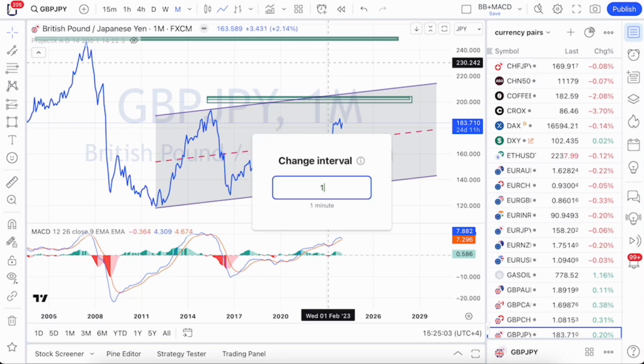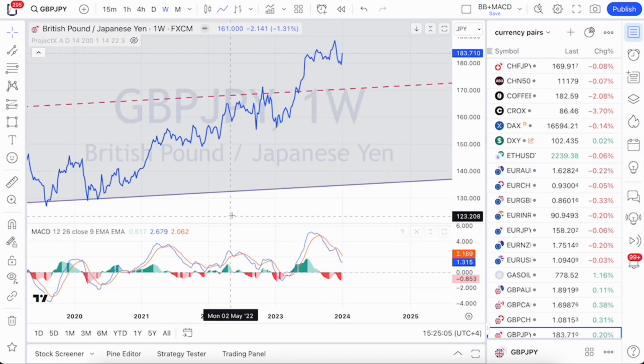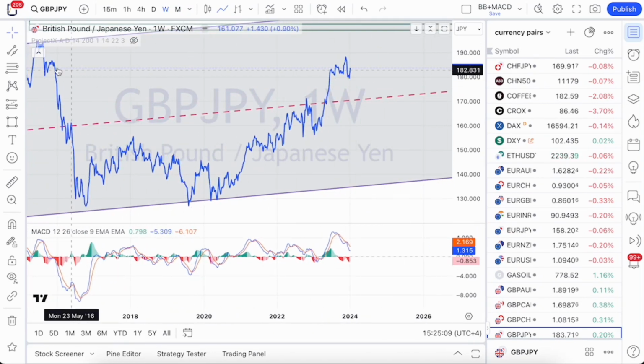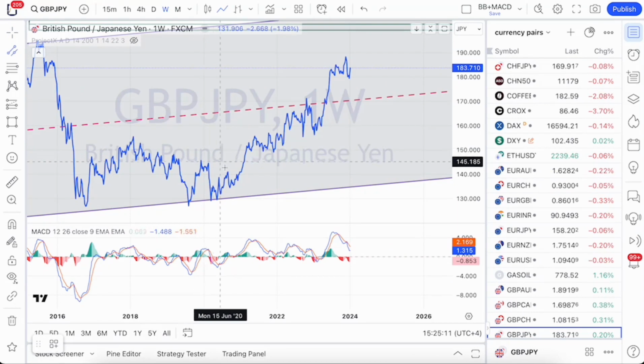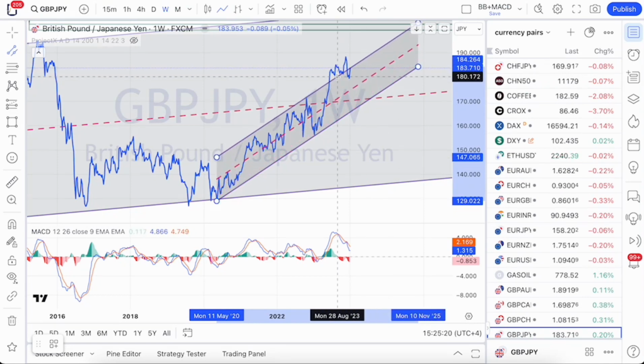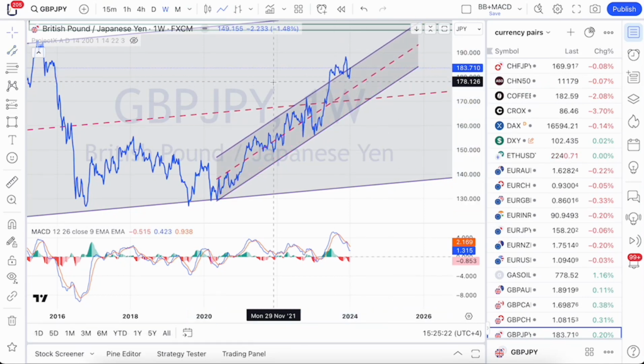Now let's move to weekly. Based on the weekly chart, we can apply another rising channel here starting from this level. If you see, it has already crossed the first rising channel on the weekly chart.